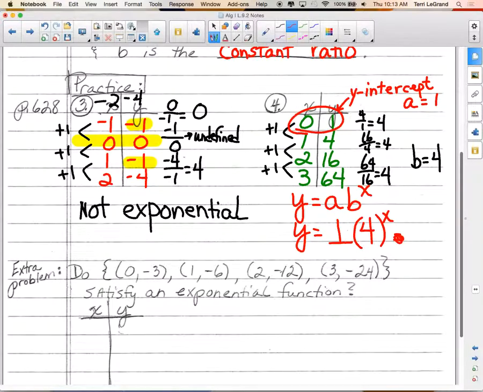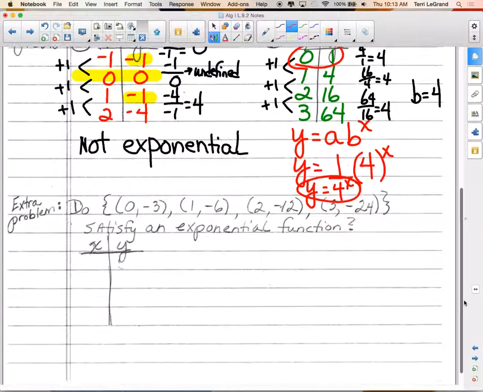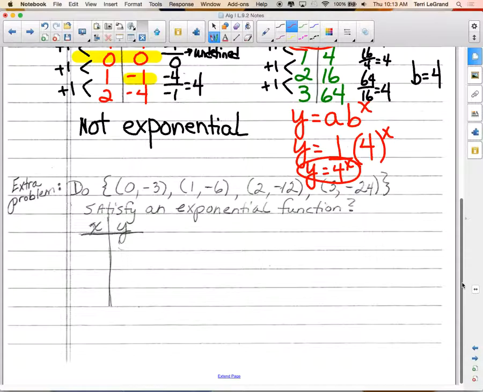So it's just 4 to the x. So it's going to be y equals 4 to the x power. We can just write it like this. There you go, there's our equation. Y equals 4 to the x power. We would have understood that the multiplier, the a value, would have been 1 because multiplying by 1 is kept invisible. Okay, let's do one more.